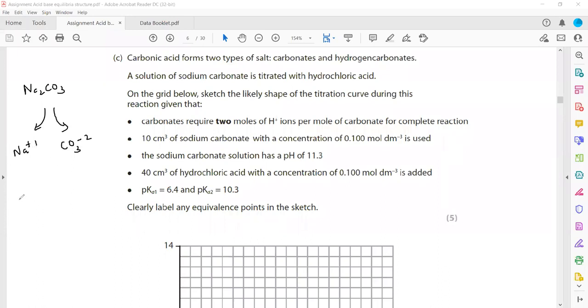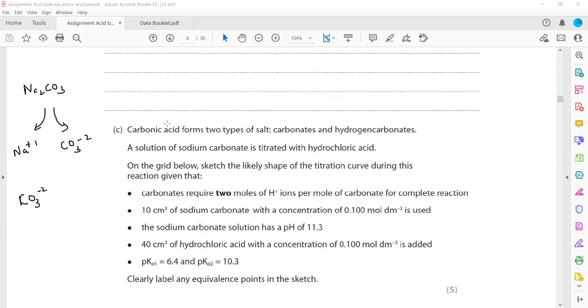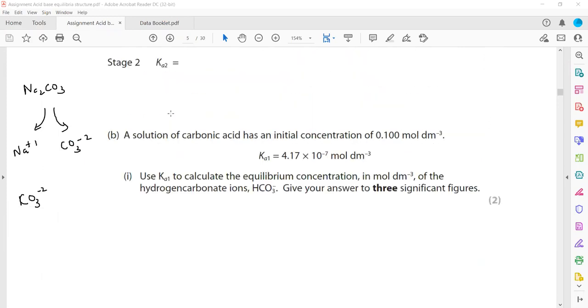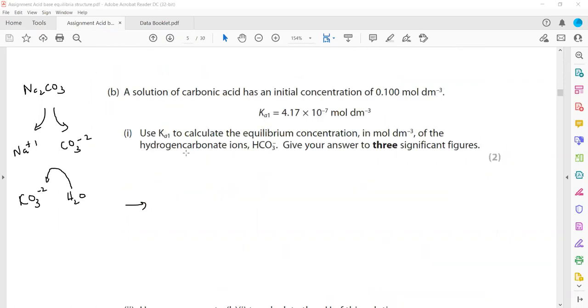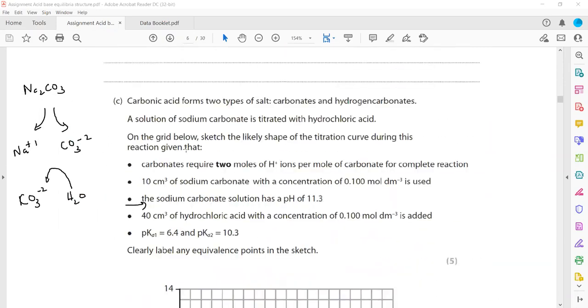This carbonate can accept a proton, like it can accept one proton from water. When we check the reverse reaction, the two equations are given. So this carbonate can accept a proton from the water, H2O. If it accepts a proton from the water, as a result, it will form HCO3-.